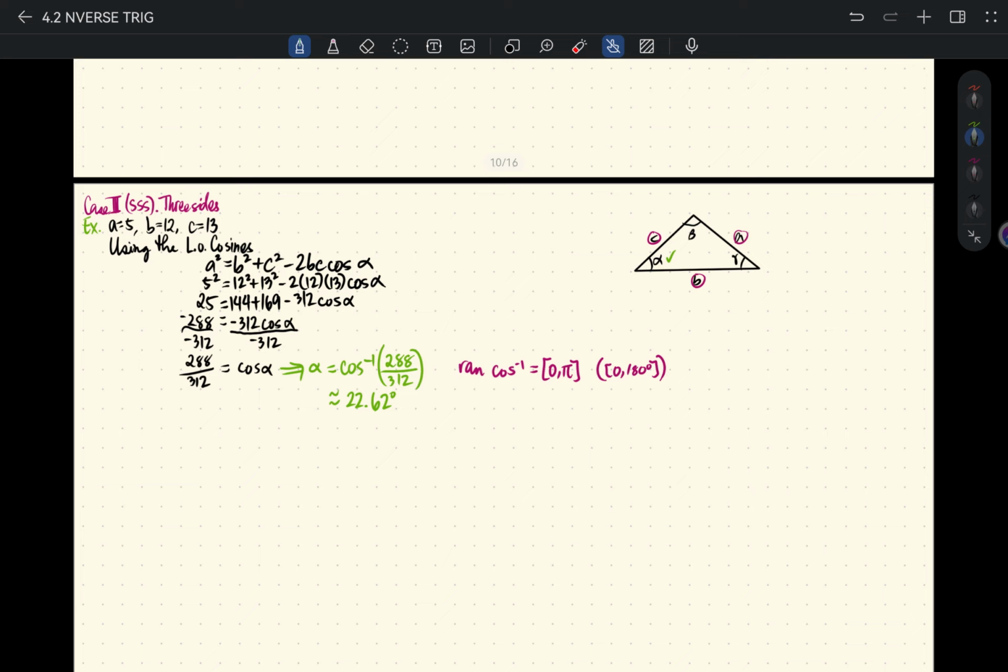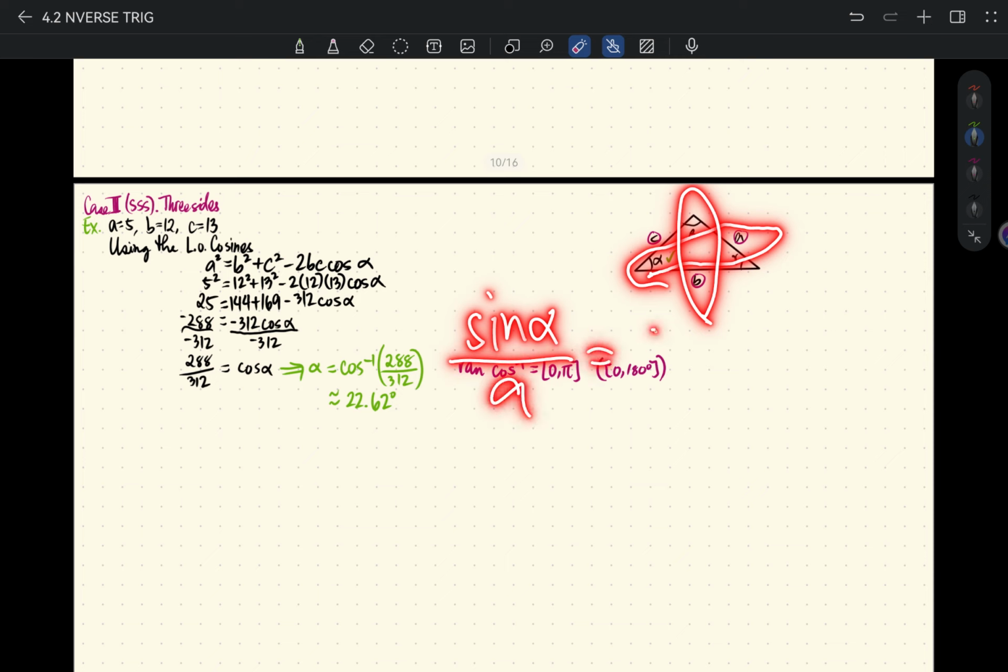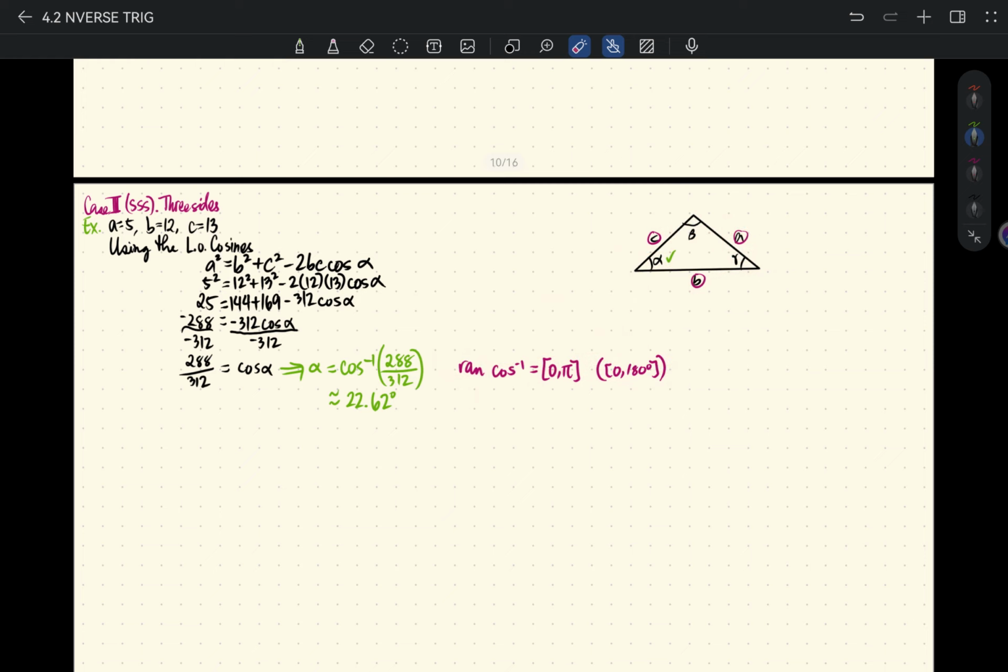Now we want to look for beta and gamma. How can we approach this? First, you can do law of sines. Why? Since you already know alpha, we can relate alpha and A together with beta and B using sine of alpha over A equals sine of beta over B. However, our answer is a little bit ugly, to say the least.